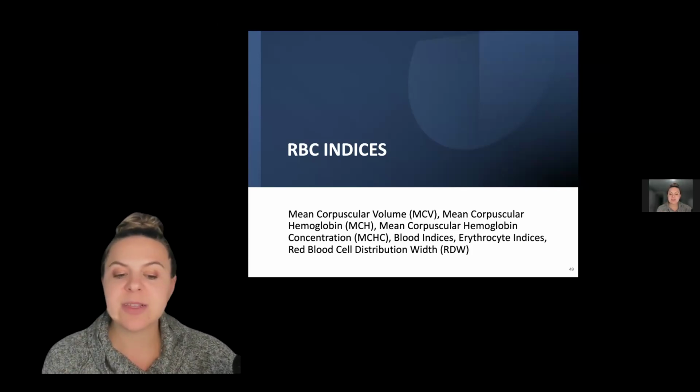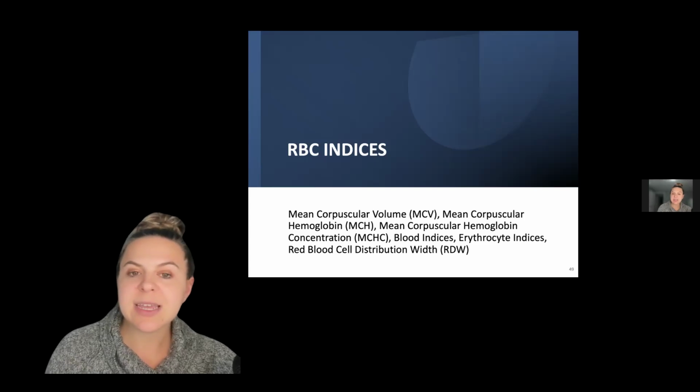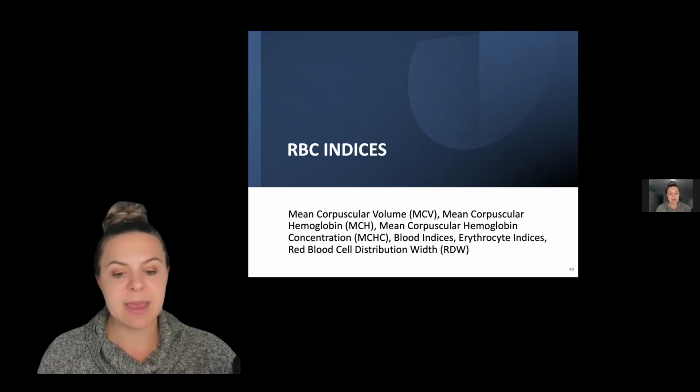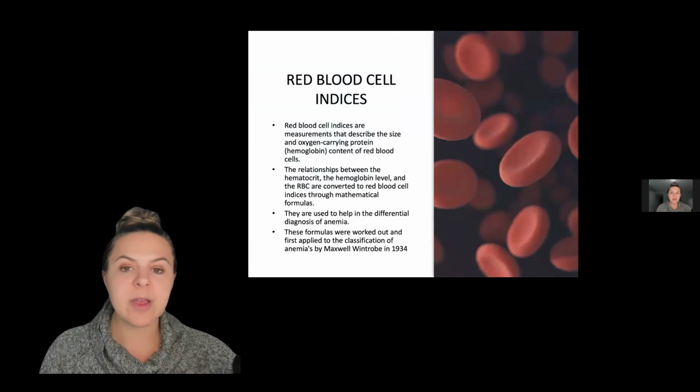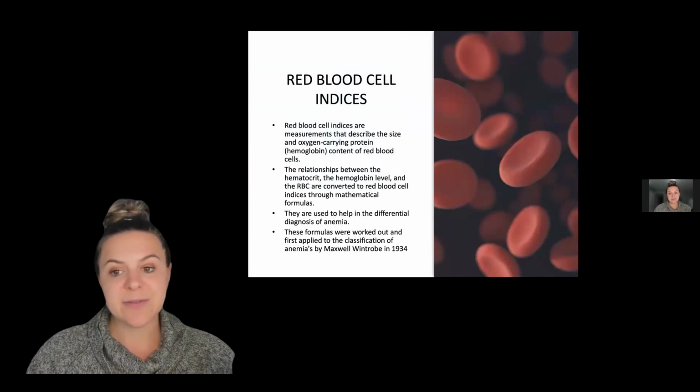Together, these parameters allow us to distinguish between microcytic, normocytic, and macrocytic anemias, as well as hypochromic versus normochromic cells, which are key tools in forming a differential diagnosis.